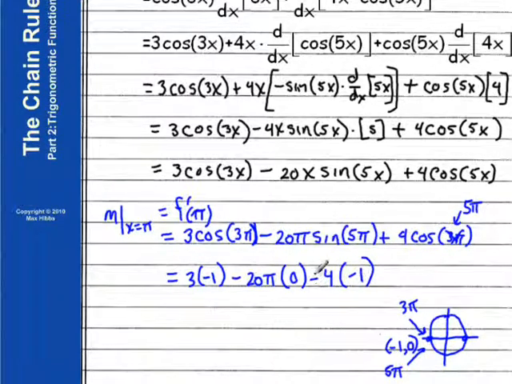I'm making mistakes all over the place here. So as we simplify, you see that we get a -3 minus a 0 minus a 4, or simply -7. So the slope in question is -7.